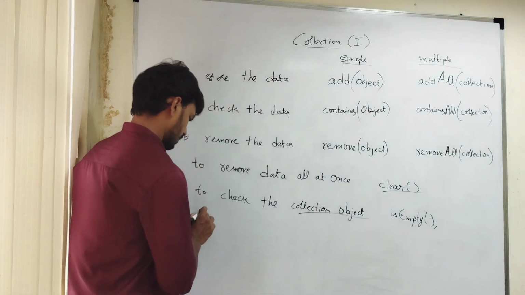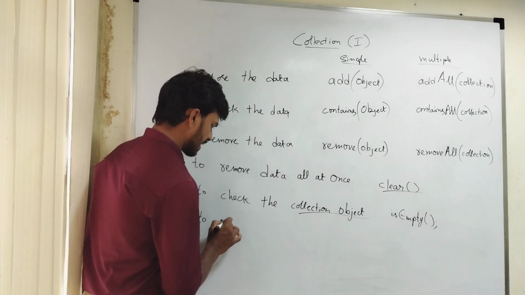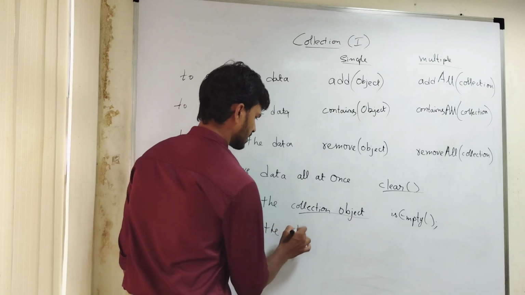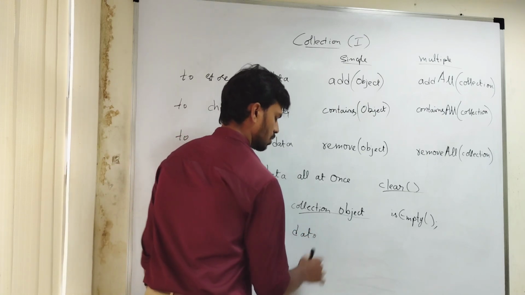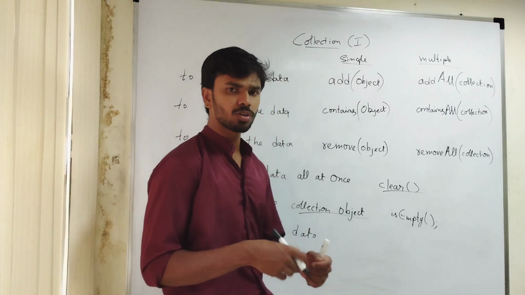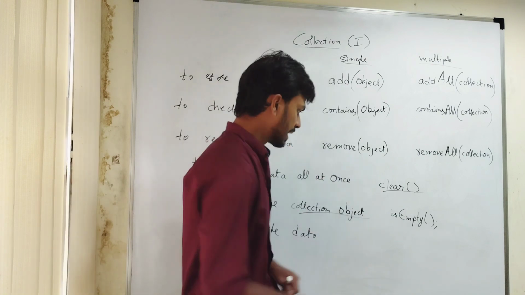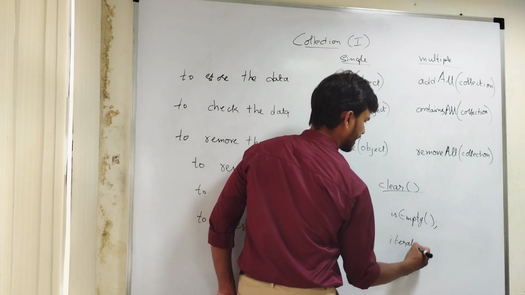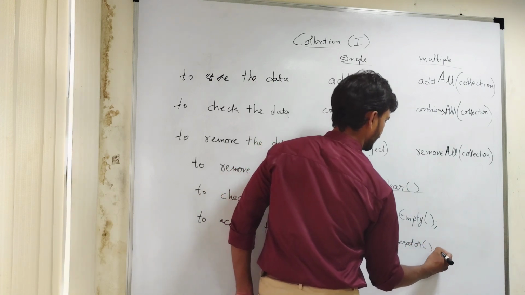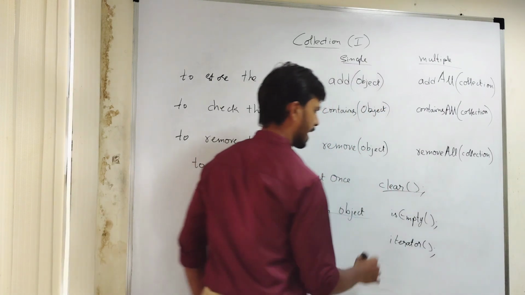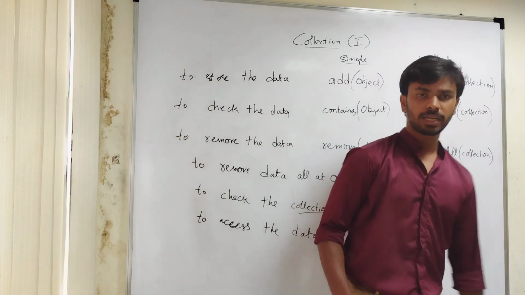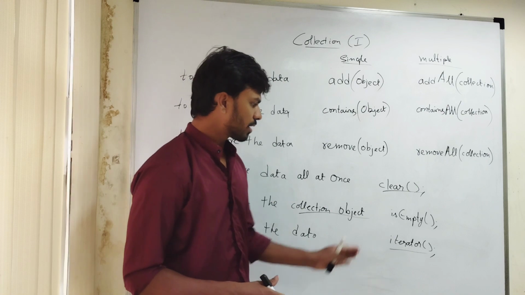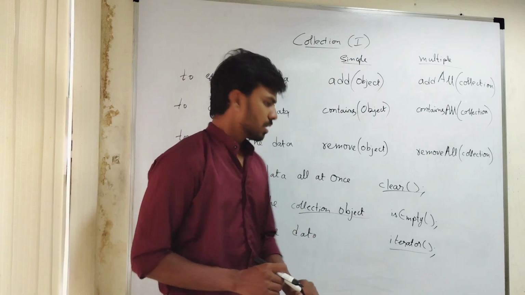Next, to access the data one by one, meaning I want to collect the data one by one, we have a method called iterator. So to get the data one by one, we have the iterator method.